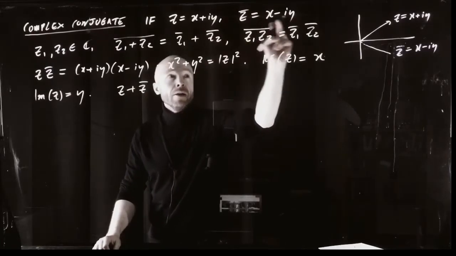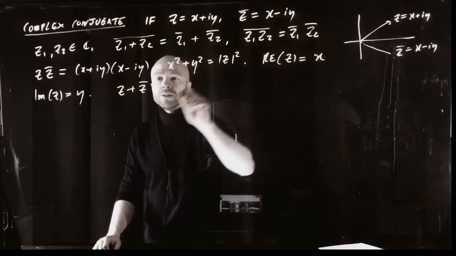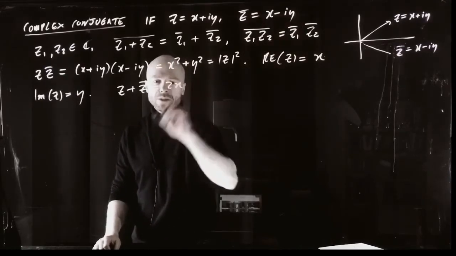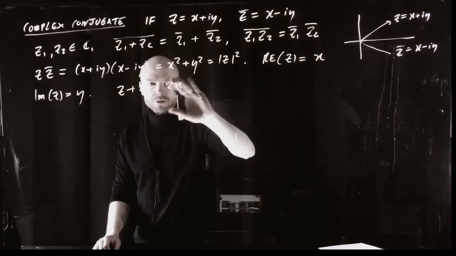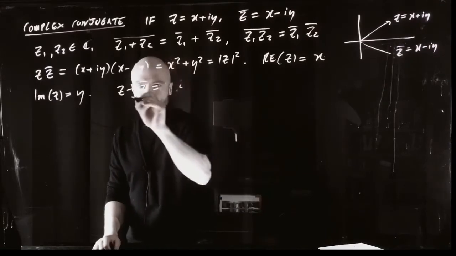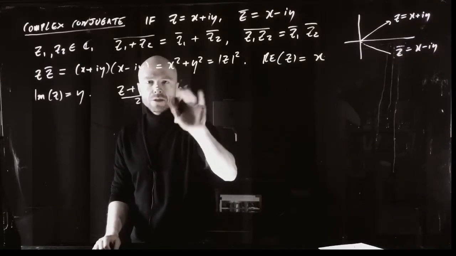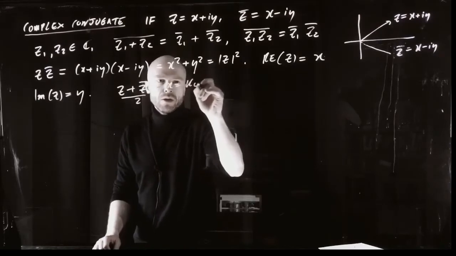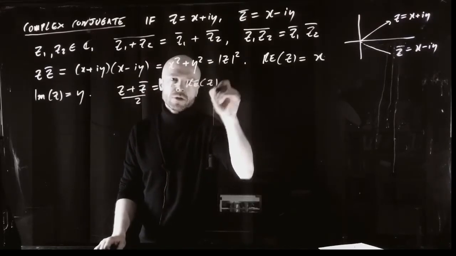We have iy plus minus iy. So if we add this together, we're just going to get 2x. So if we just divide by 2, we get x, which is the real part of the complex number.